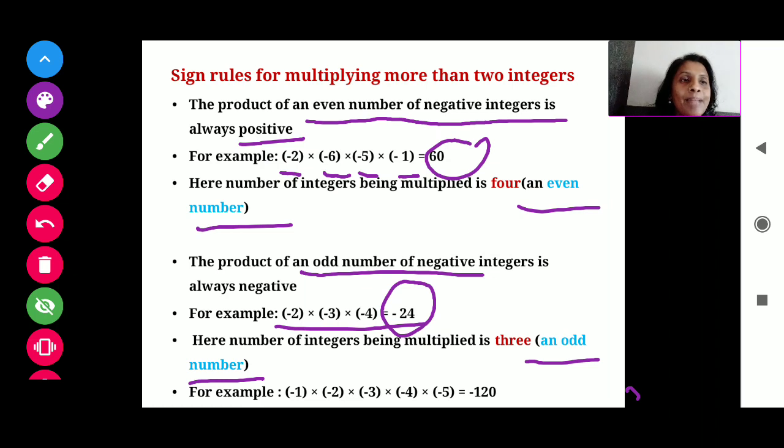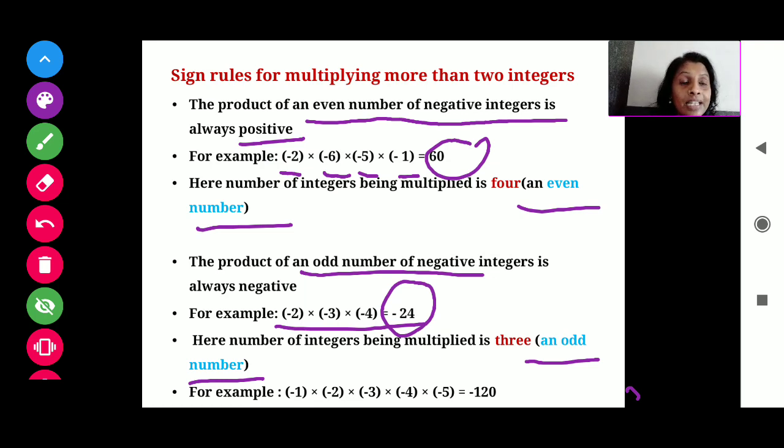Suppose you are multiplying 5 negative integers, -1 into -2 into -3 into -4 into -5. Your answer will have a negative sign. If you are multiplying 7 negative integers, your answer will again have a negative sign.